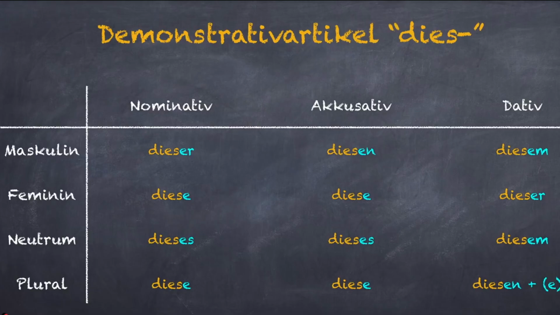Im Dativ, it's dieser. The demonstrative article for Neutrum im Nominativ and Akkusativ is the same, dieses. In Dativ, it's diesem, the same as the masculine article. For plural, the article im Nominativ and Akkusativ is the same, that is, diese, just like the feminine article. In dative, diese changes to diesen, and do remember, even the noun will take either the ending en or just the n.